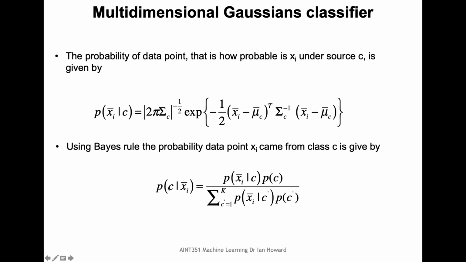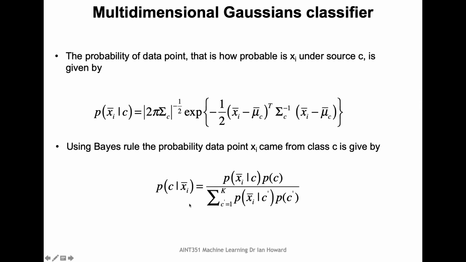So probability of C given x is now probability of x given C multiplied by the probability of C divided by basically the probability of x, which we're actually doing by now marginalising out over this expression here, just like we did before.